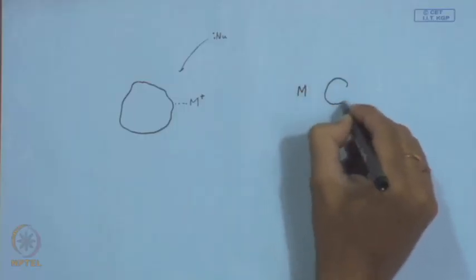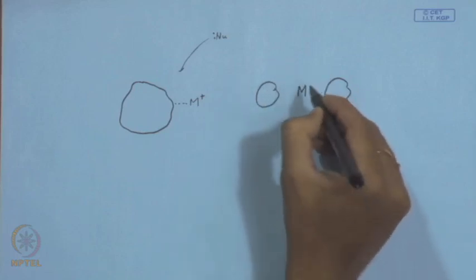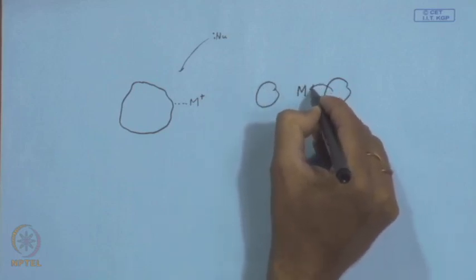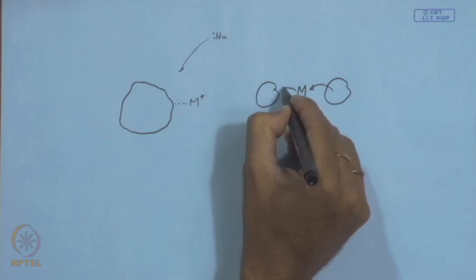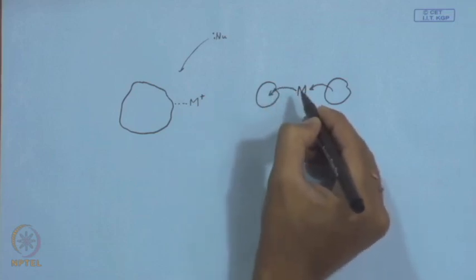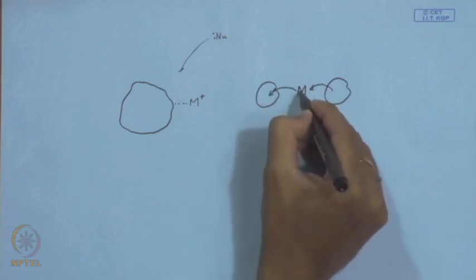Next is mediating oxidation reduction reactions through reversible changes in metal ion oxidation state. So, maybe it is the mediator. Suppose it is a redox reaction, then the metal ion acts as the mediator. Suppose you have a metal ion over here, one entity over here, another entity over here. Maybe it accepts one electron and then gives this electron over here. So, the first step is reduction, the second step oxidation.